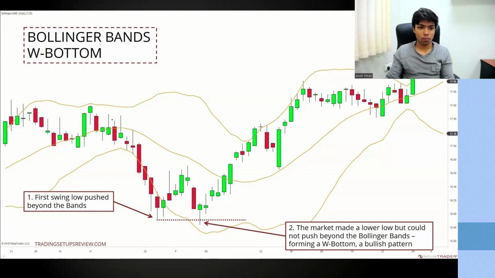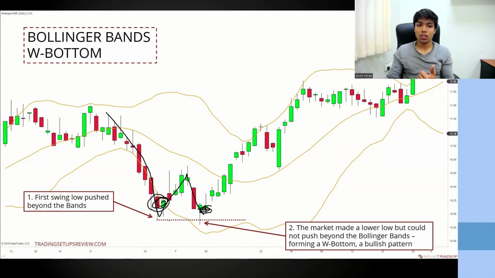Can you see a double bottom? First bottom, second bottom. Can you see the W pattern? Double bottom means there are same lows. But now, when you look at this double bottom, can you see the first bottom is outside the Bollinger Band and the second bottom is inside the Bollinger Band? What does this mean?